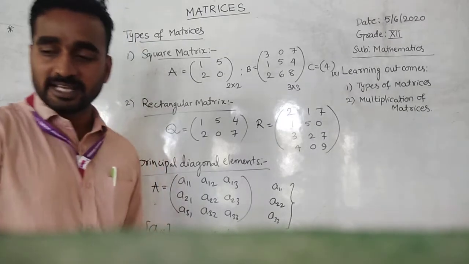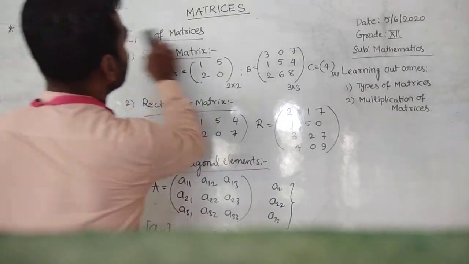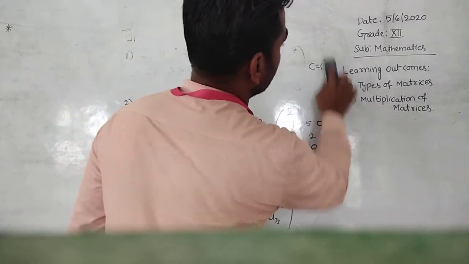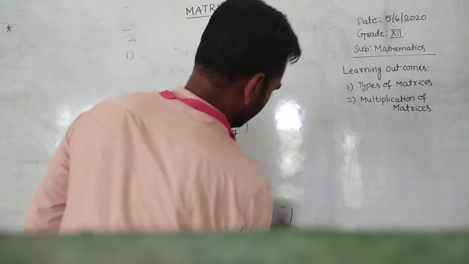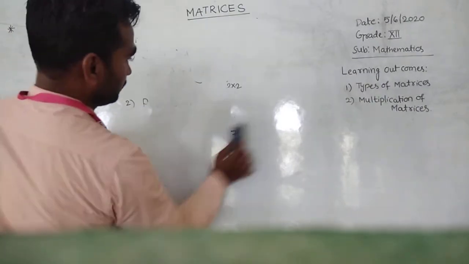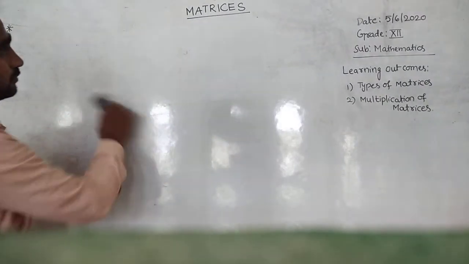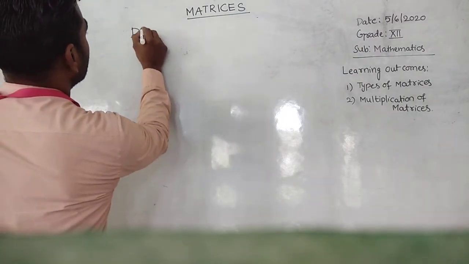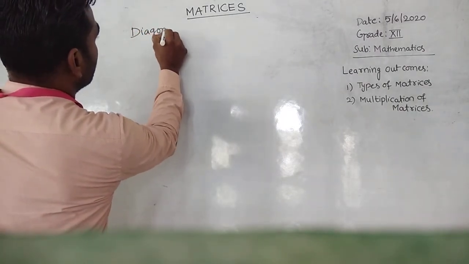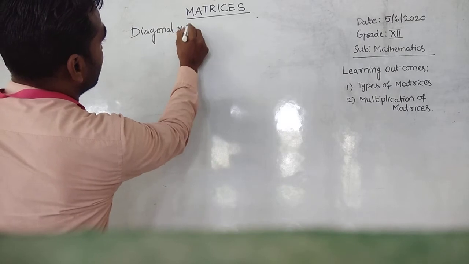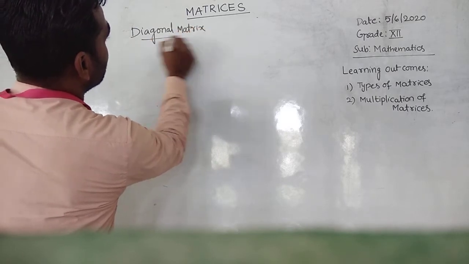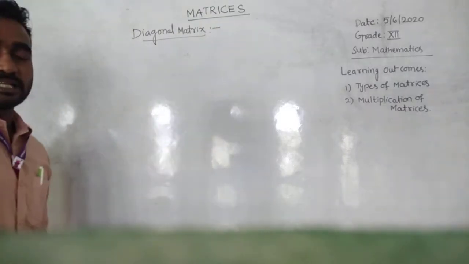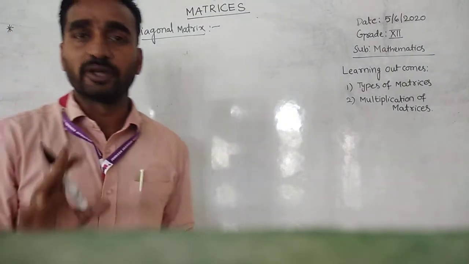Now the next type is diagonal matrix. Diagonal matrix is defined only for a square matrix.